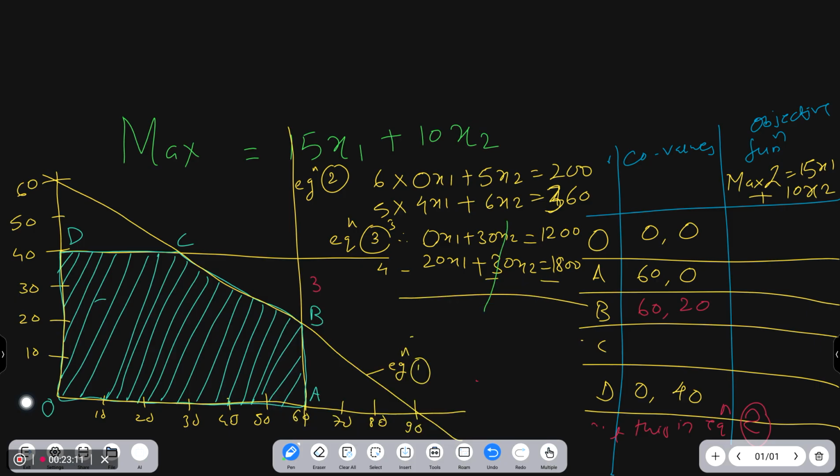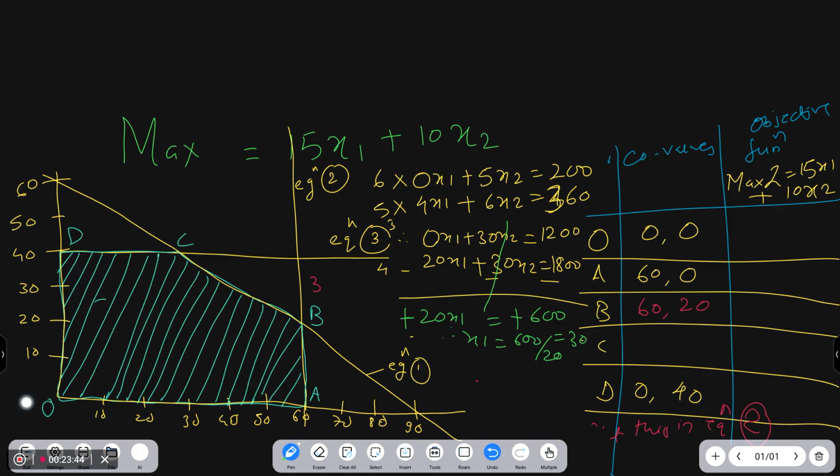This one, right? Here, minus 20x1 is equal to minus 600. Minus will become plus, this is a very basic rule. Therefore, x1 is equal to 600 divided by 20, which is 30. Now, x1 is equal to 30.